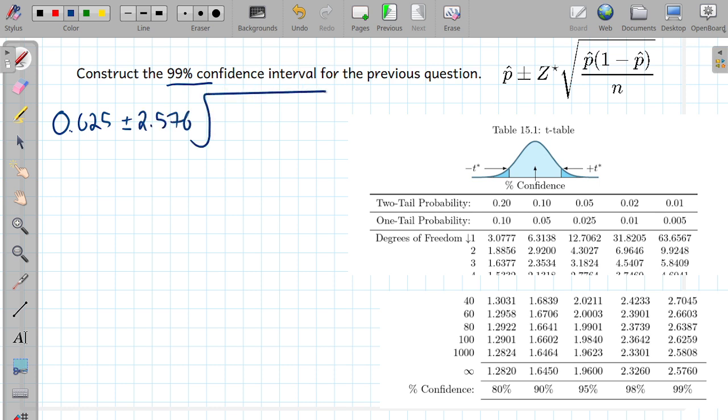Now remember, confidence intervals use the p-hat value, so we have 0.625 times 0.375, and there were 1,000 people in this referendum. And now we're going to have to work that out. So I'm just going to do those calculations all in one fell swoop.